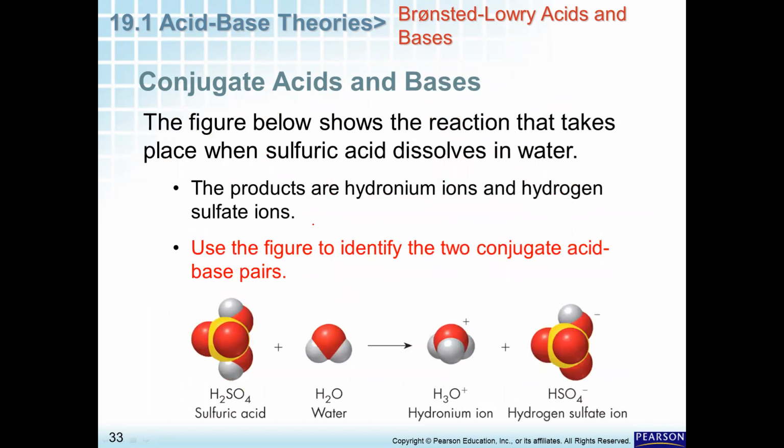So if we want to try this example, this is sulfuric acid reacting with water to produce hydronium ion and hydrogen sulfate ion. Now he's asking, use the figure to identify the two conjugate acids and bases. If this is an acid, of course, in that case water has to act as a base. It has no choice. When you put water with an acid, it should act as a base. So this is an acid, we know that. And this is a base.